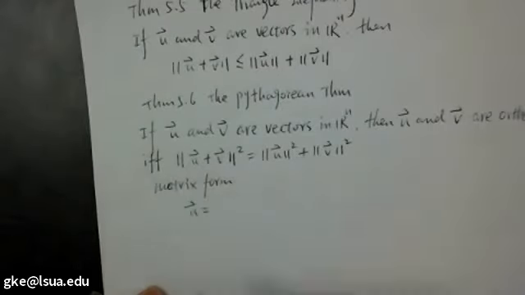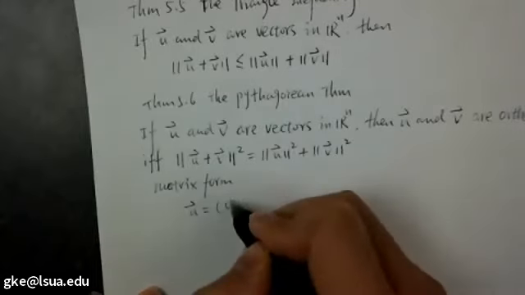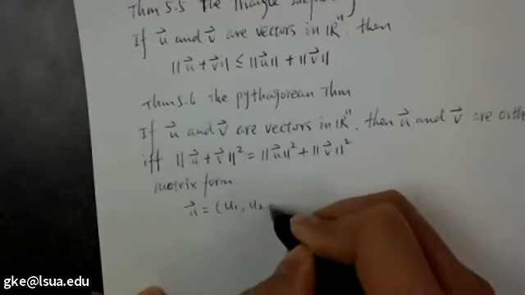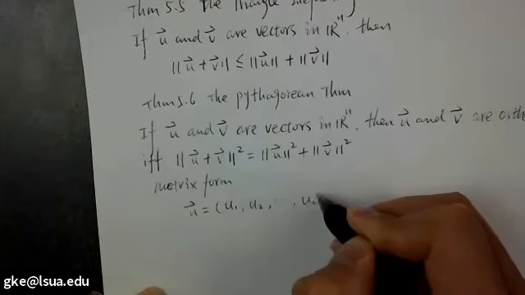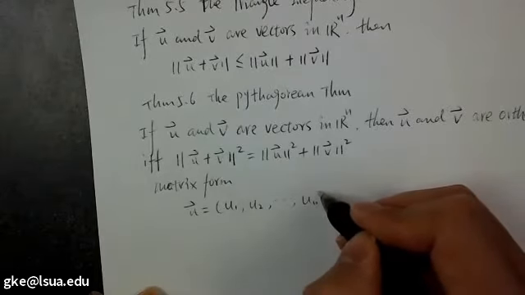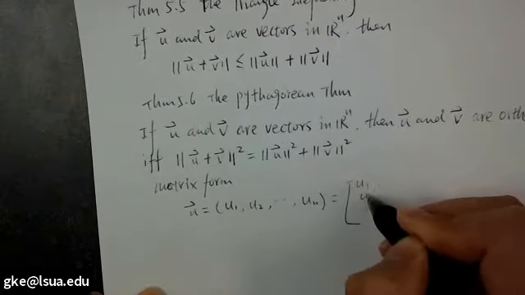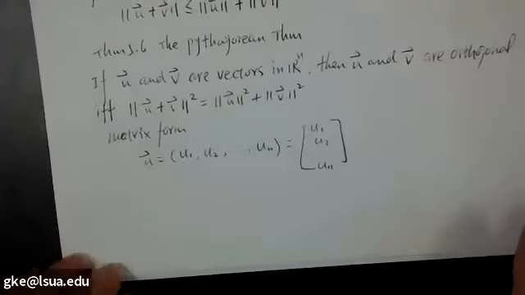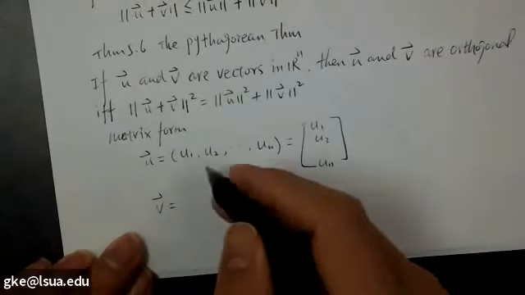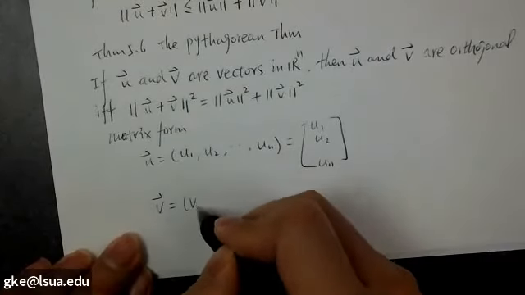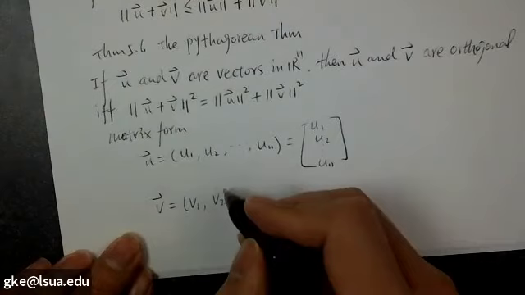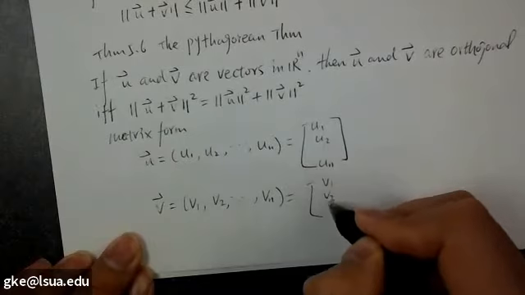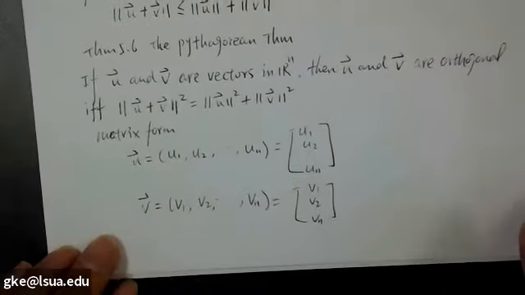For example, we can always write u as u1, u2, up to un, and we can always write v as v1, v2, up to vn.